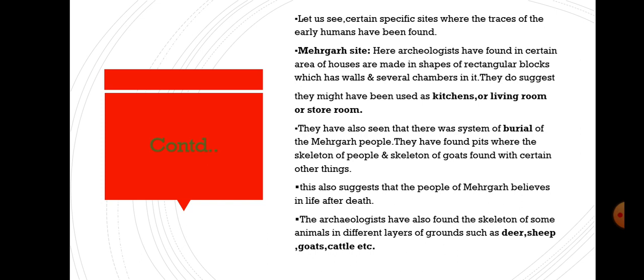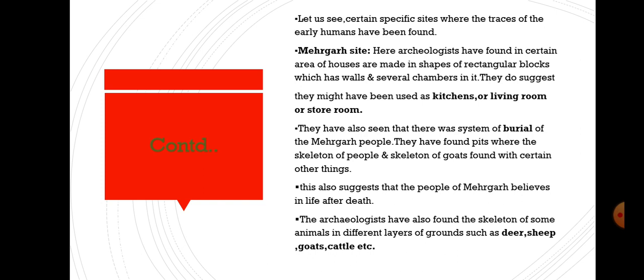What they found from the pits, as you can see in the image also, were skeletons of people and skeletons of goats, found with certain other things. Let me make it clear about the burial practice that the Mehrgarh people usually followed.